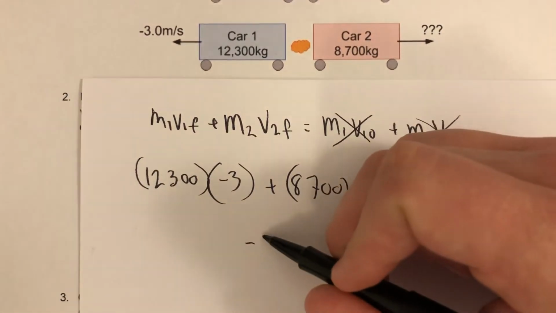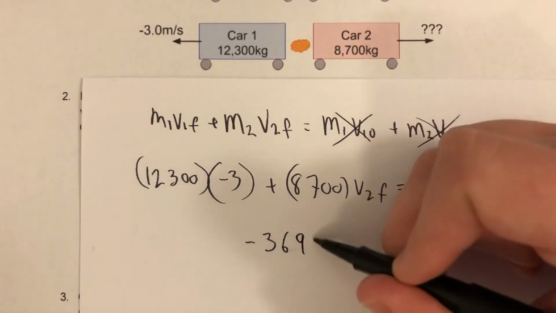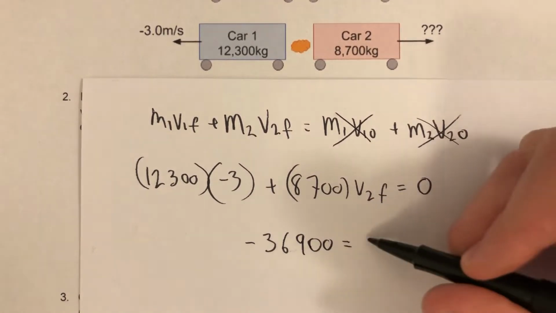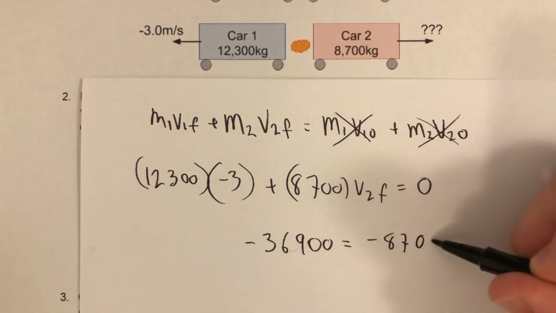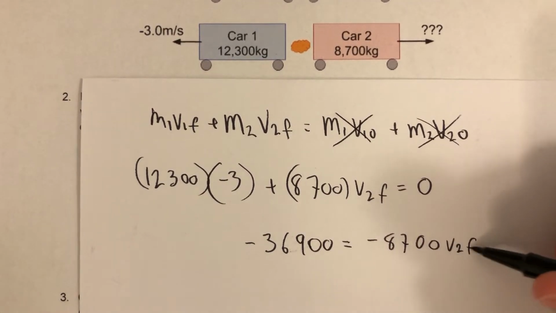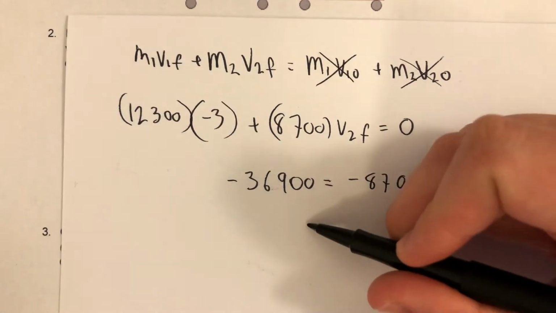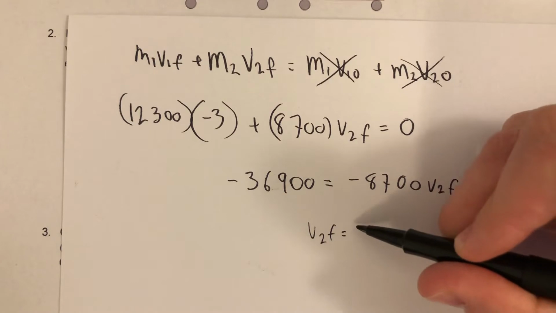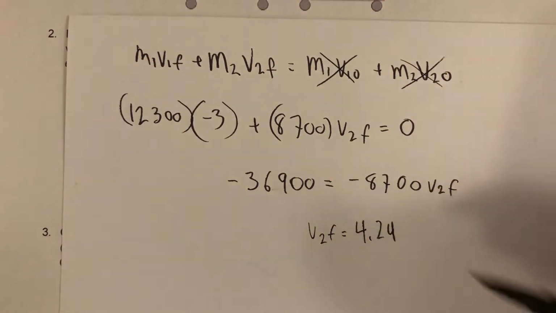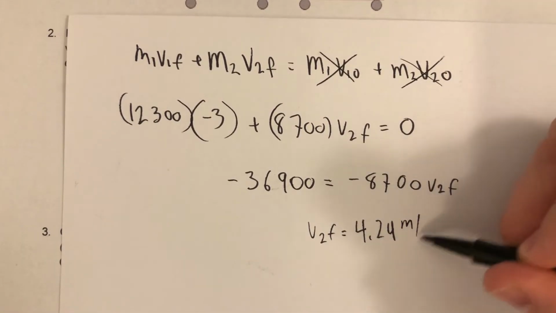So we'll get -36900 equals -8700 V2F. And now all we have to do is divide both sides by -8,700. And we'll get, it'll be positive. We'll get positive 4.24. So V2F is 4.24 meters per second.